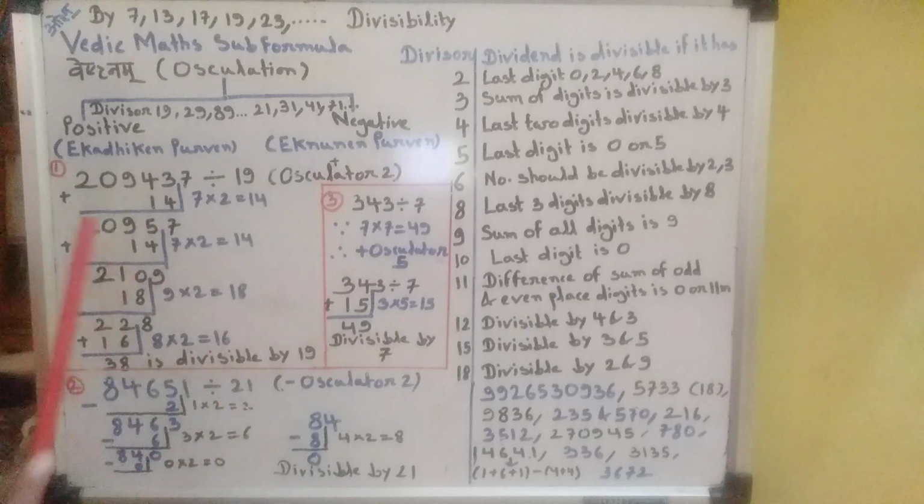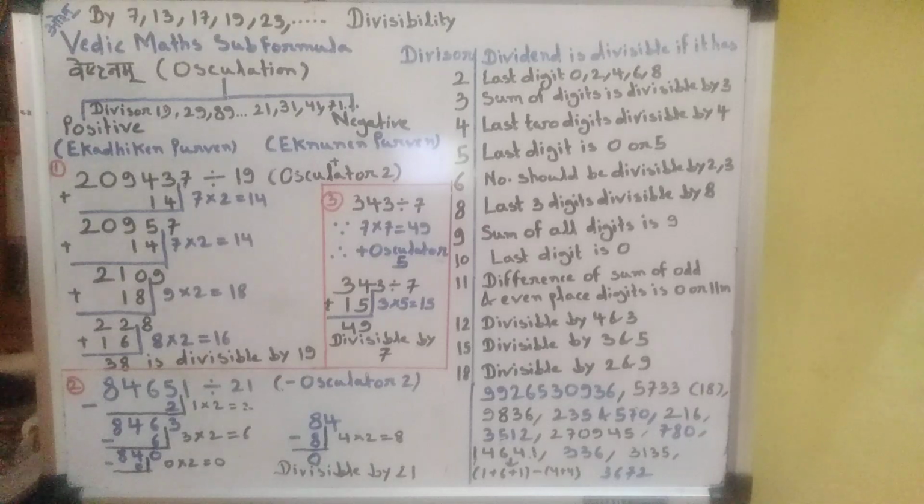So in place of addition, we always use subtraction. The last digit 1 of 84651 is multiplied by the osculator 2. 1 into 2 is 2. We hide this last digit 1, and 2 is subtracted from 8465 to get 8463.